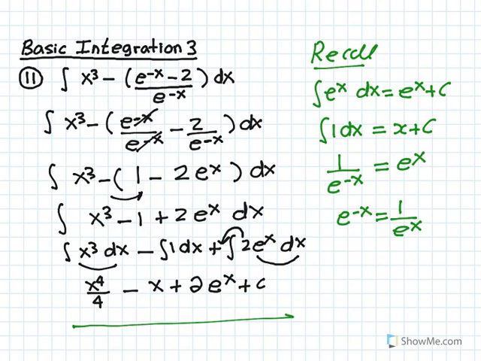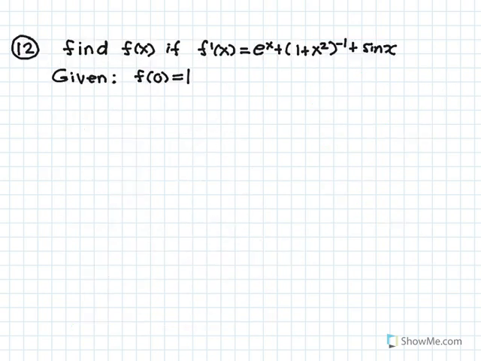All right, let's look at question number 12. Here we want to find f of x if we're given a derivative f prime of x. F prime of x is e to the x plus 1 over (1 plus x squared) plus sine x. We're also given an initial value, f of 0 is equal to 1. So let's start by recognizing that f of x is equal to integral f prime of x dx.